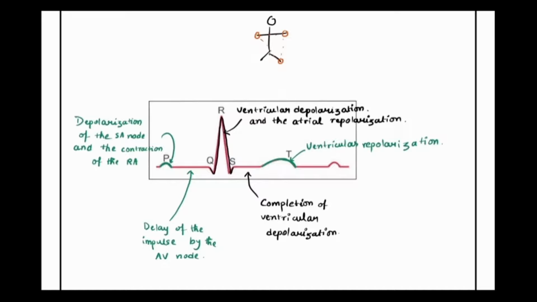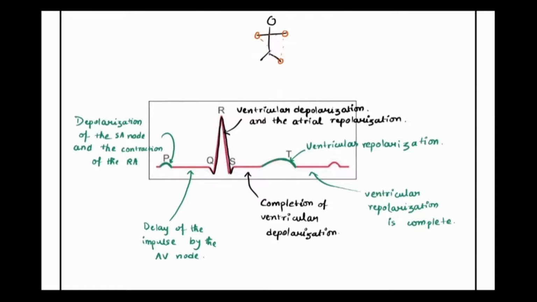Right, again we have a flat line, so this signifies that the ventricular repolarization is complete, because you want the ventricles to again relax to the maximum so that they can take up the maximum blood from the atria.